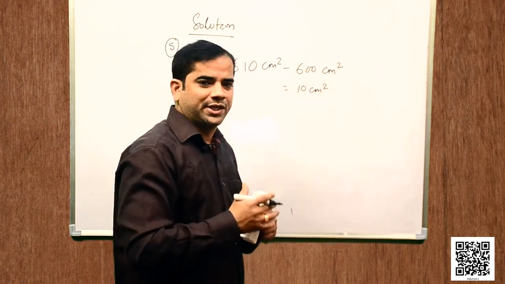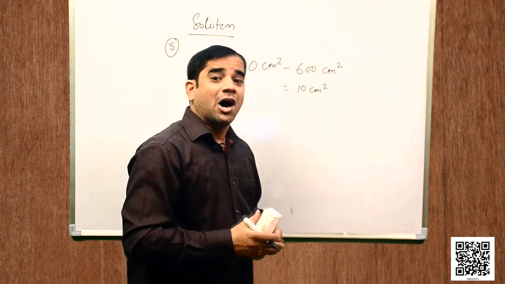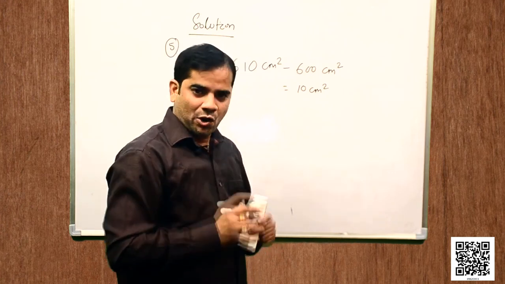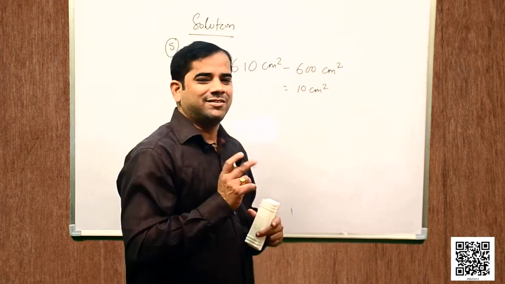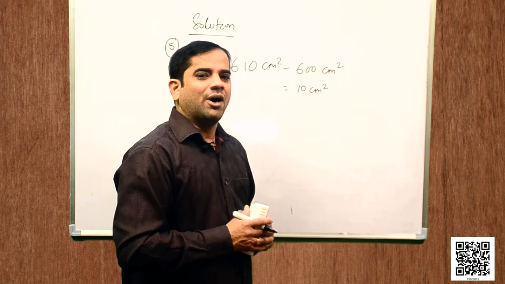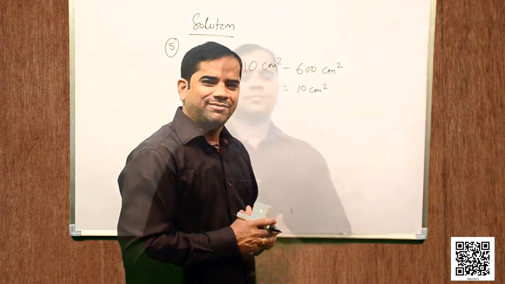So as per the question, the total surface area of the cubical box is smaller than that of the cuboidal box by 10 centimeter square. Hope you understood the solution of the question.